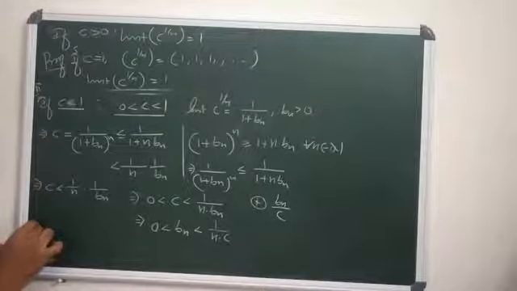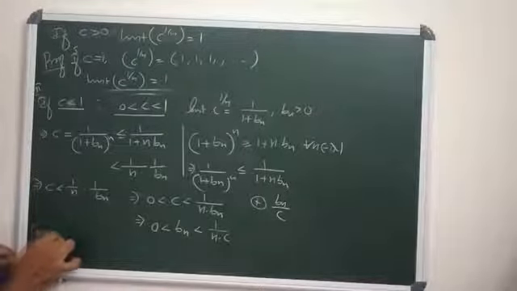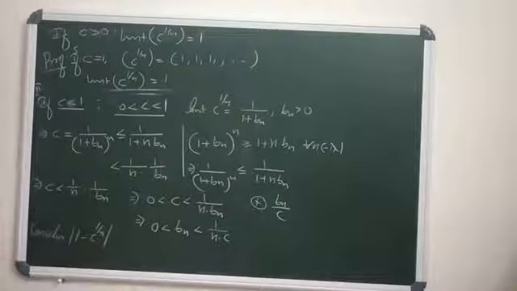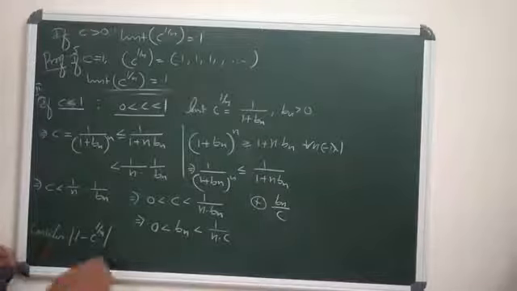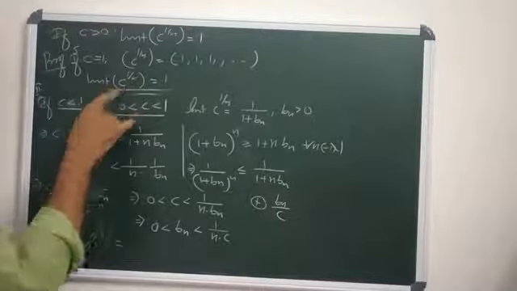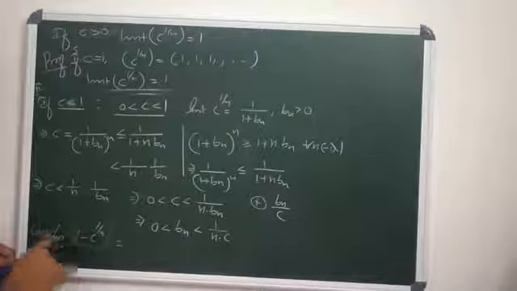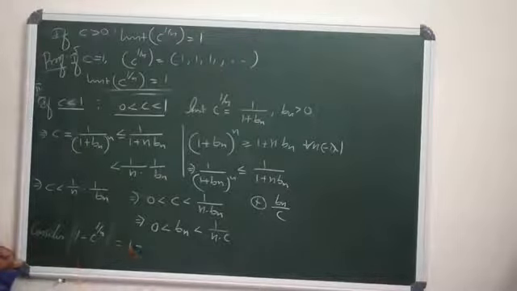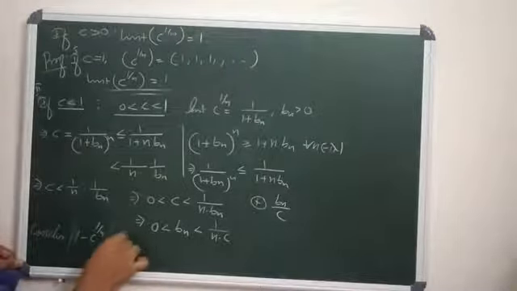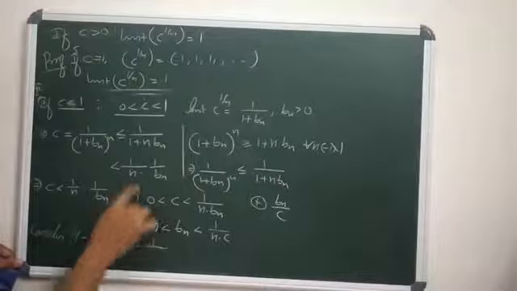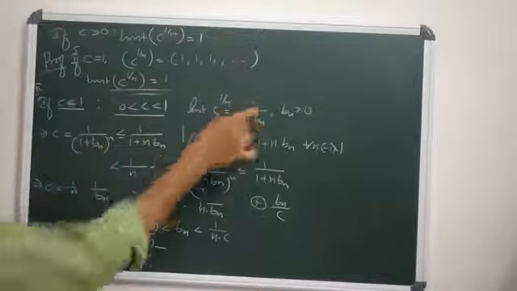Now, since C is less than 1, consider 1 minus C power 1 by n. Since C is less than 1, C power 1 by n is less than 1. So consider 1 minus C power 1 by n, where C power 1 by n equals 1 by 1 plus bn.